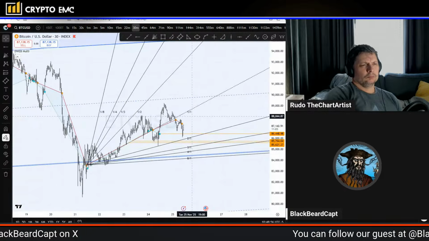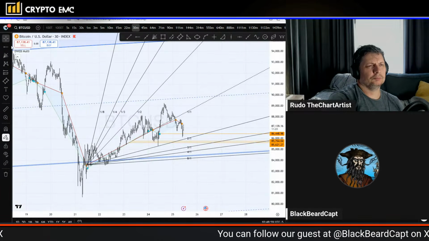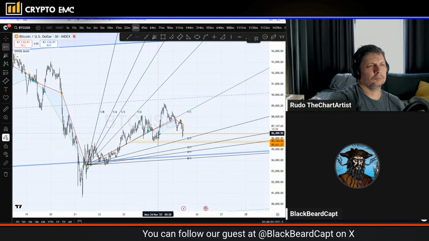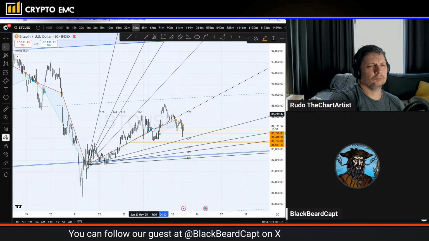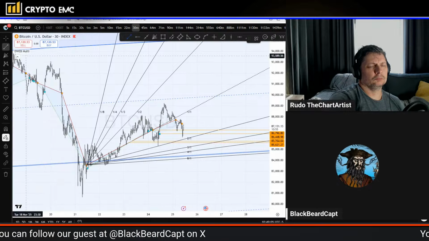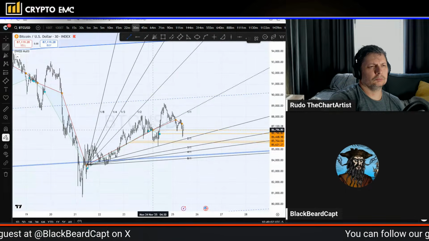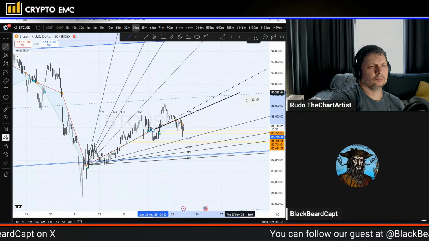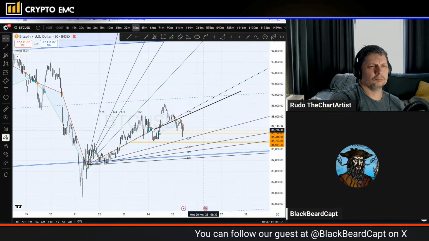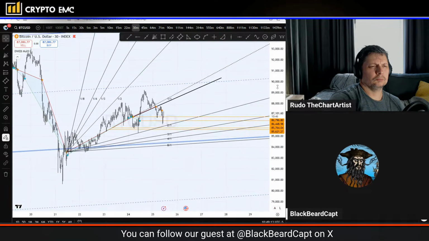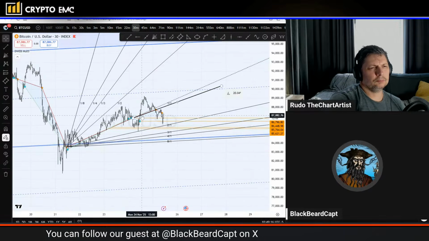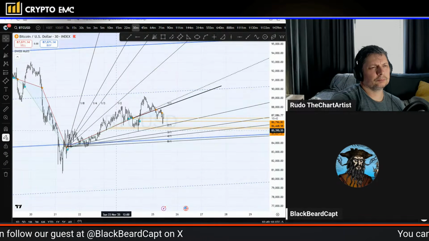And then as soon as it did, it just kind of cascaded down. So I would treat these two trend lines as very important for the resistance, and then hopefully future support. And you could probably make a channel from this. You could probably make a channel from these.